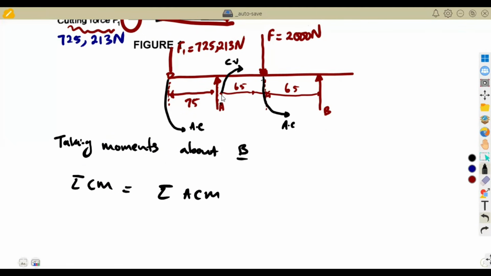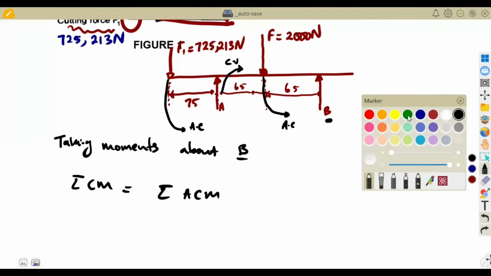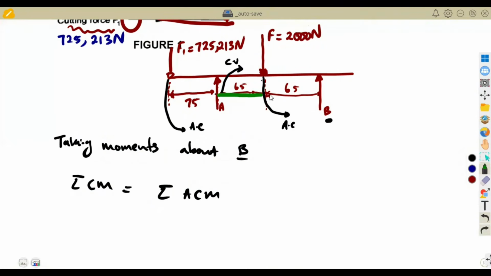For the clockwise, we just have A back to B. Remember, we said we are taking moments about B. So A back to B is going to be force times the distance back to B. The whole distance between A and B is this one, so you add 65 plus 65, which is 130. So force times distance is A times 130. Is there any other part in the clockwise? No, there's nothing. It was just this one.